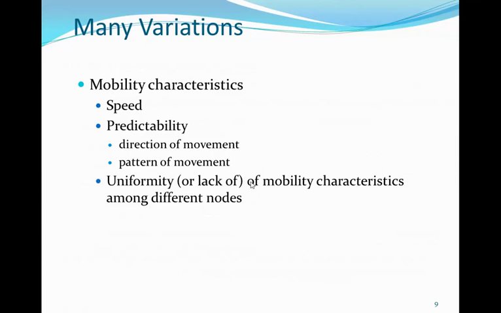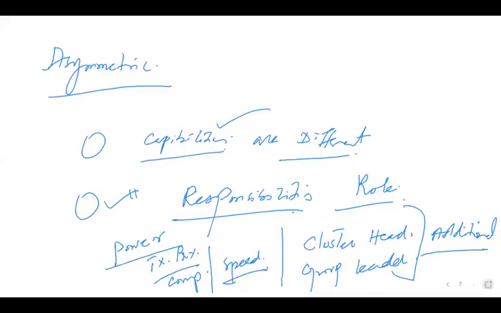In a uniform network, as you know, nodes move with the same speed, and there are very low differences between these nodes. So, for example, what is the mobility pattern of these nodes?